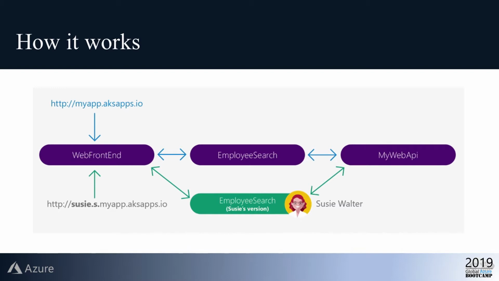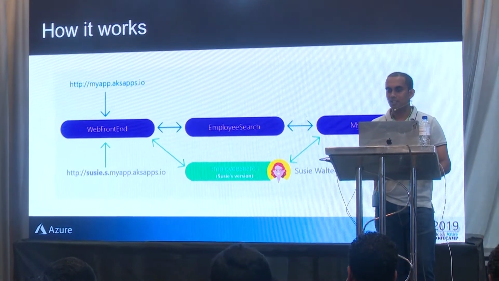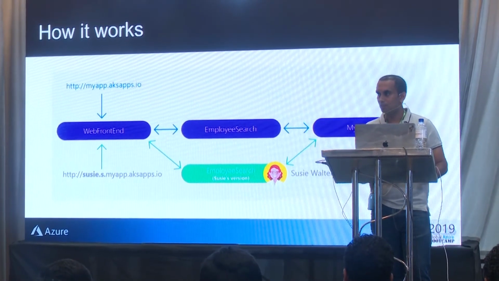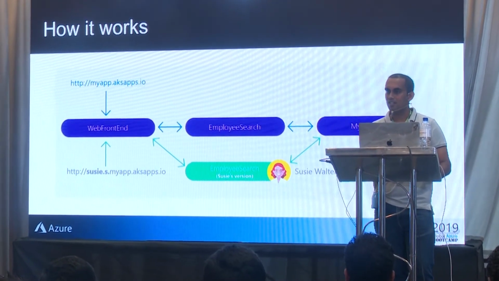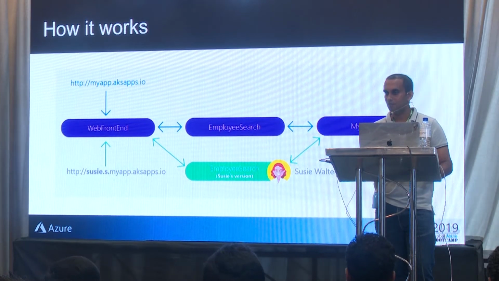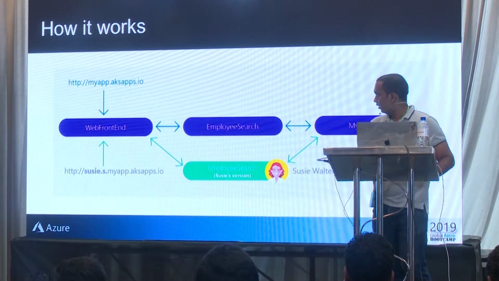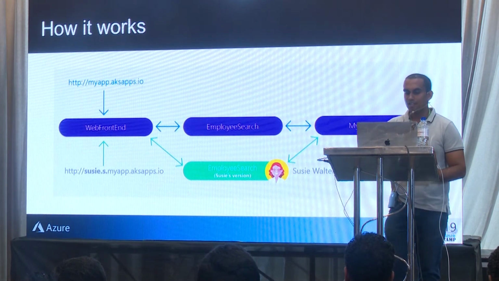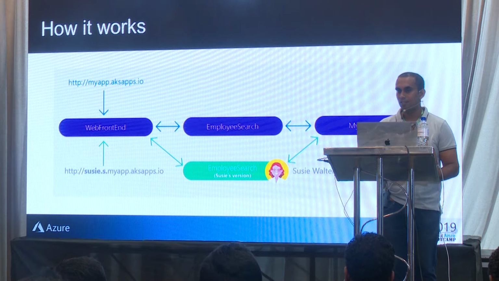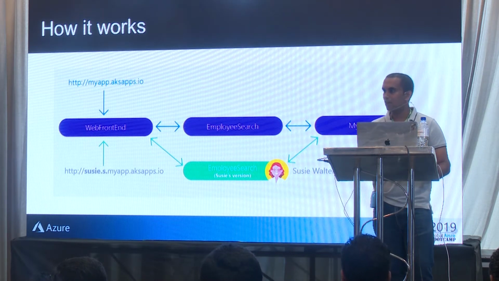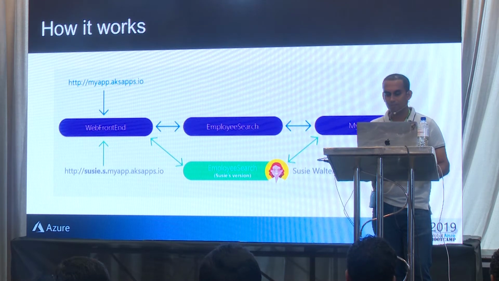So when we create a Kubernetes cluster and deploy Azure Dev Spaces to it, what it does is it assigns us a URL, right? That URL is available on the left top, called myapp.aksapps.io, right? So whoever needs to access the front end, if that person browses to that, it will be available, right?